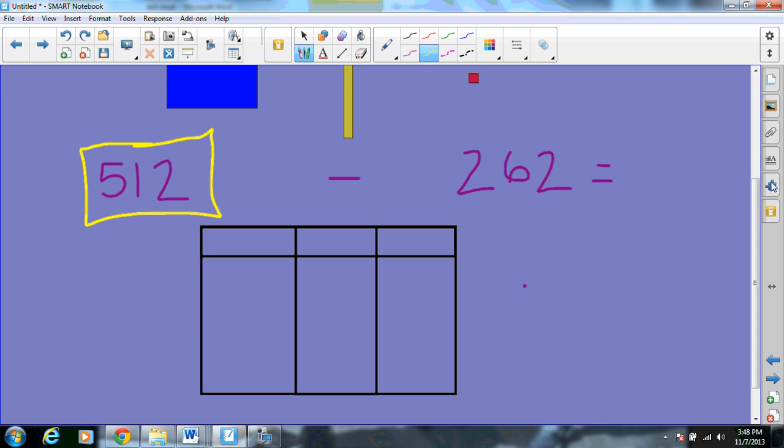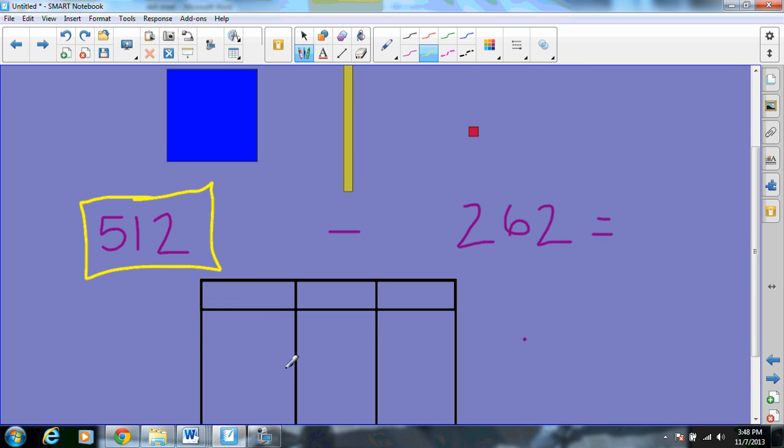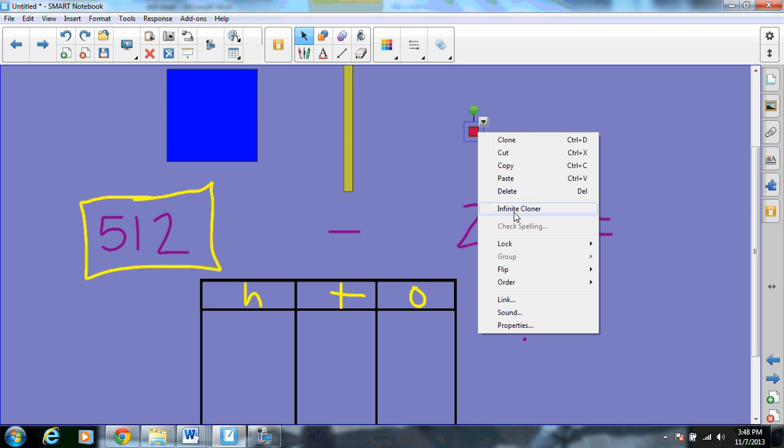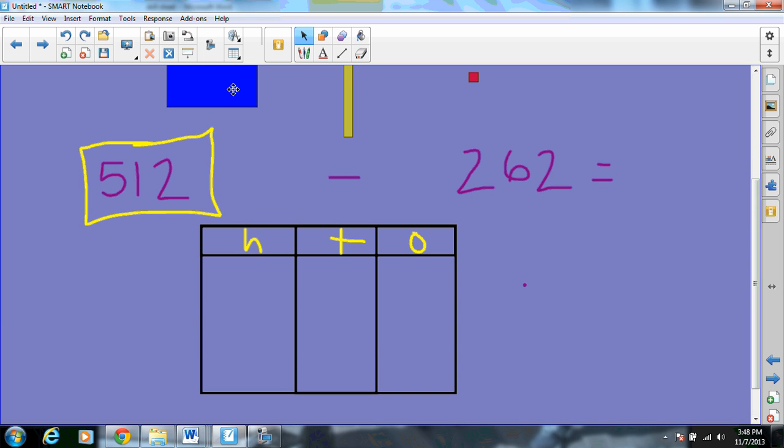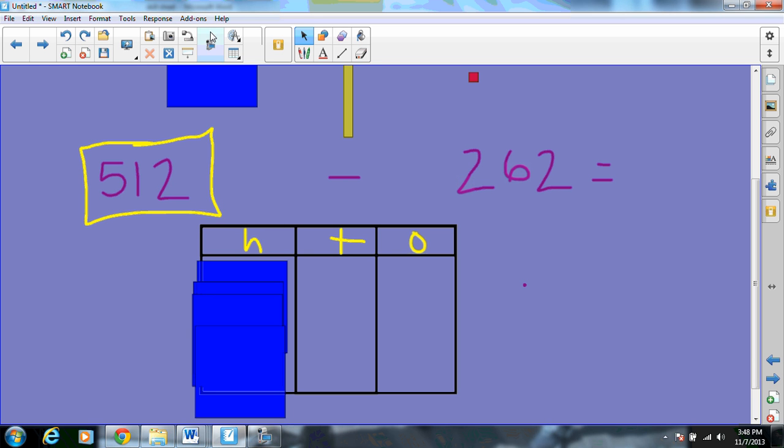So if I want to build 512, first let me write my H, my T, and my O. And let me go ahead and clone these. Okay, so we're going to build 512. So here's 100, 200, 300, 400, and 500.